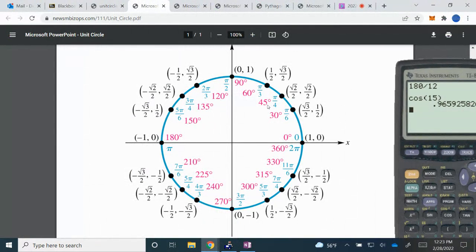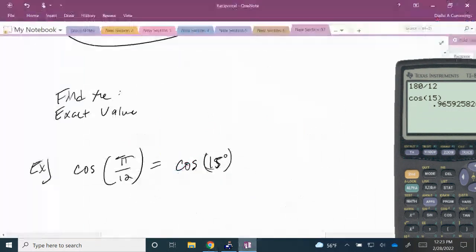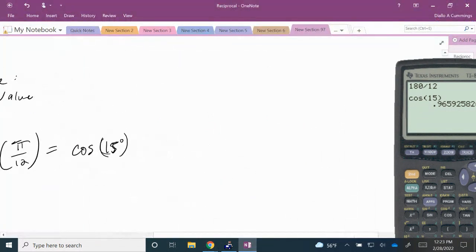Well, I'm going to use 45 and 30. So I'm going to rewrite the cosine of 15 degrees as the cosine of 45 degrees minus 30. I'm going to utilize the difference of cosine formula.